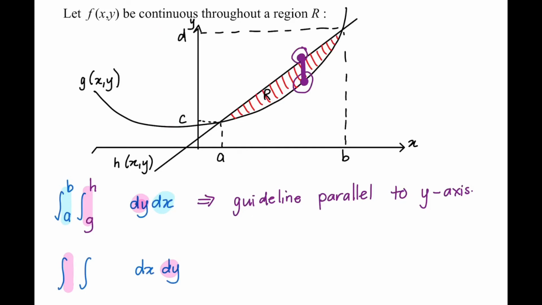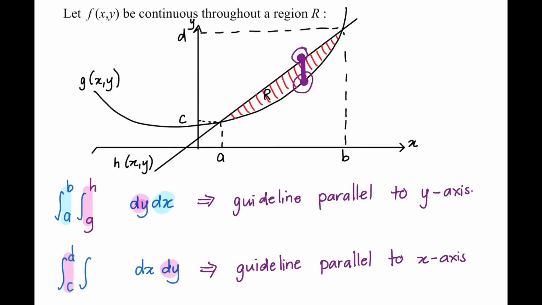So therefore, our outer limit will be between c and d. For the inner limit, just as before, you want to sketch a guideline, and the guideline is now parallel to the inner variable, which is parallel to the x-axis.